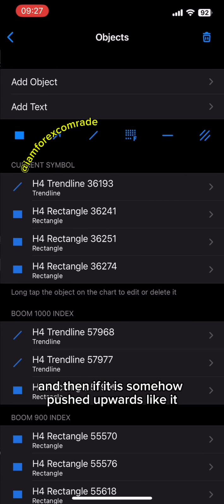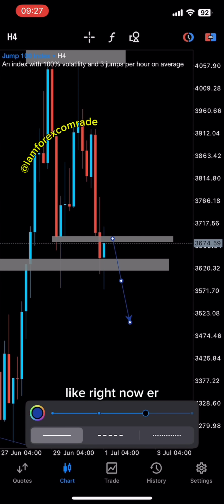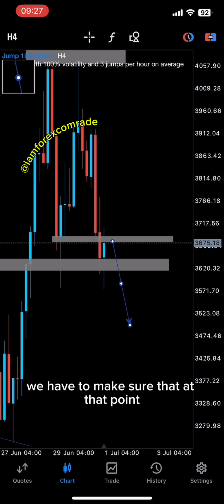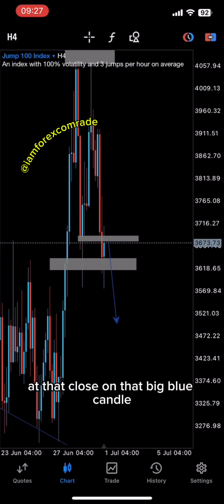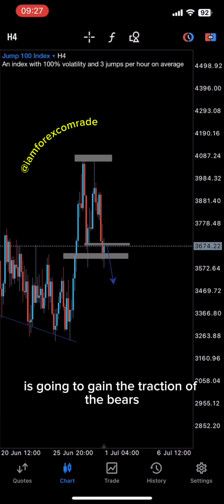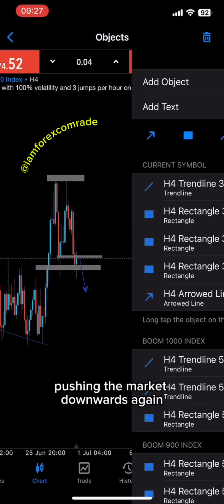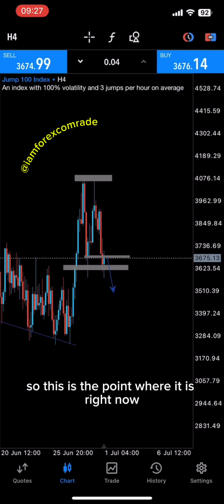And then if it is somehow pushed upwards like right now, we have to make sure that at that close on that big blue candle is where the market is going to gain the traction of the bears pushing the market downwards again. So this is the point where it is right now.